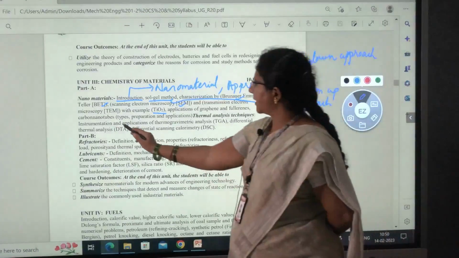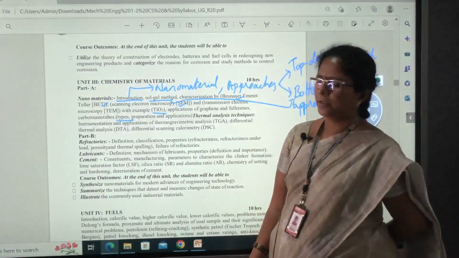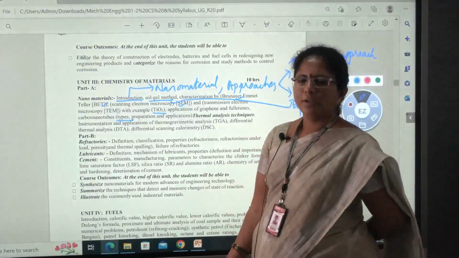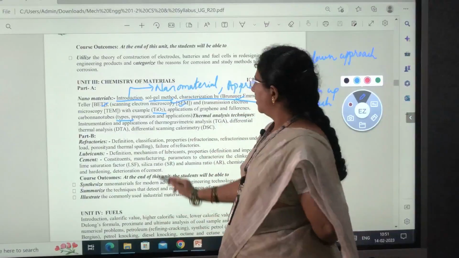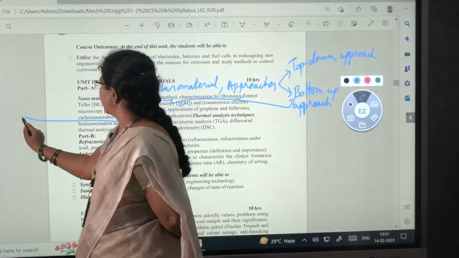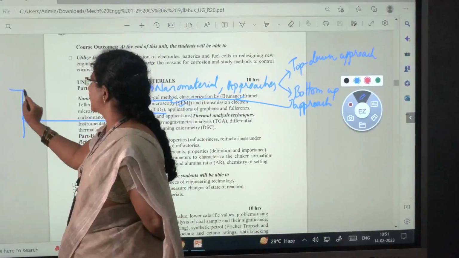And the next topic is carbon nanotubes. In carbon nanotubes, first one is types. So here we will be discussing about the single walled carbon nanotubes, double walled carbon nanotubes, and multi-walled carbon nanotubes. And next one is preparation methods. Coming to the preparation methods of carbon nanotubes, here we will be preparing the carbon nanotubes using three methods.